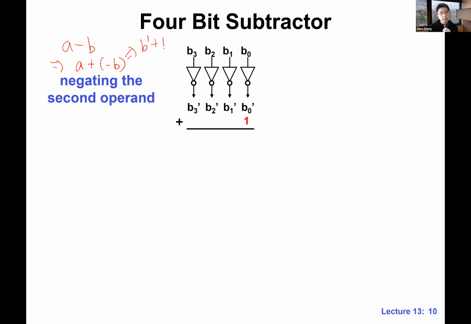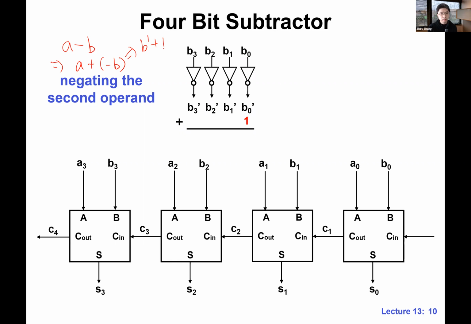So all we need to do is add some inverters on the second input. But somehow we need to do this plus 1. Okay, so first we can extend this RCA, ripple carry adder, with these 4 inverters. And we are missing something. We need to somehow plug in this 1. Where do we plug in the 1? Mux. We need the mux. Mux in where?